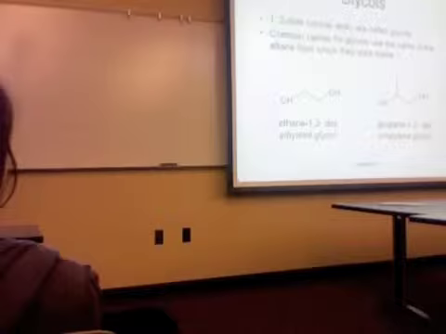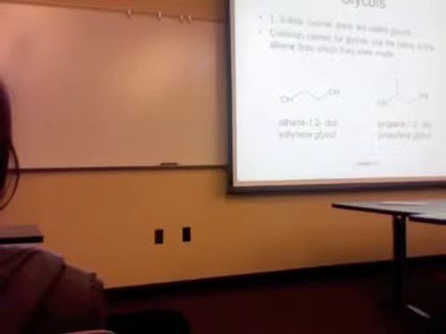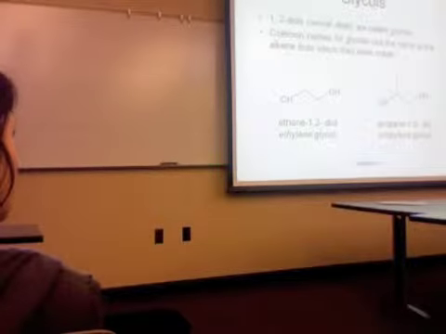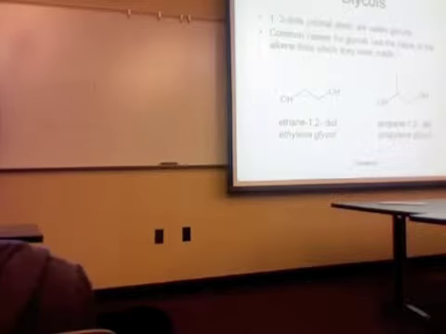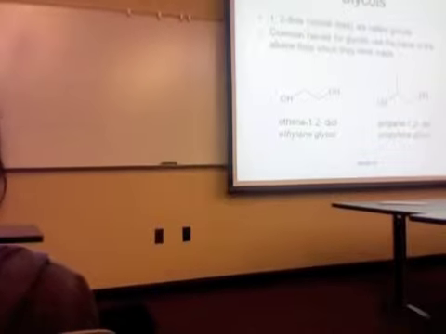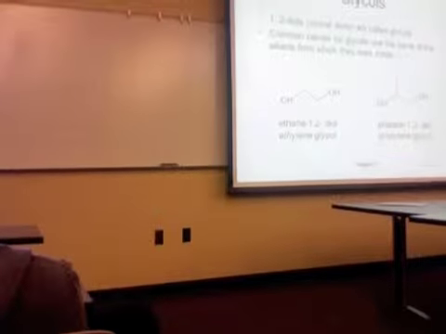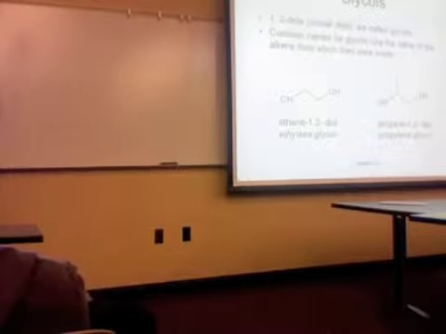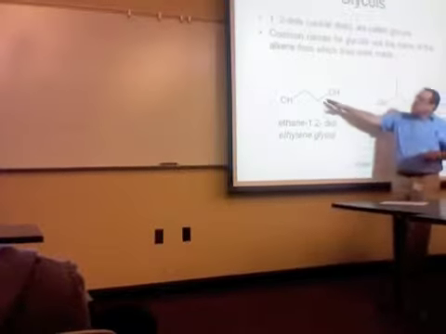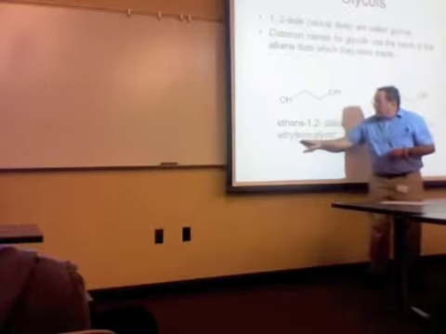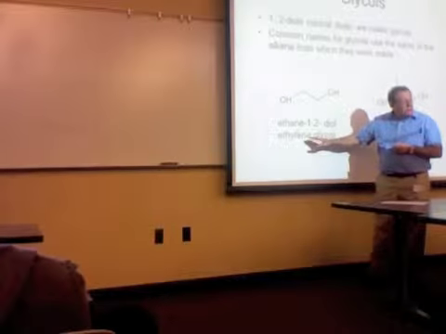For example, osmium tetroxide, potassium permanganate, or a peroxy acid to make an epoxide followed by acid hydrolysis. All of those reactions produce side-by-side alcohol groups, and they start with an alkene. So the alkene that would have been the parent of this glycol would have been ethene or ethylene.